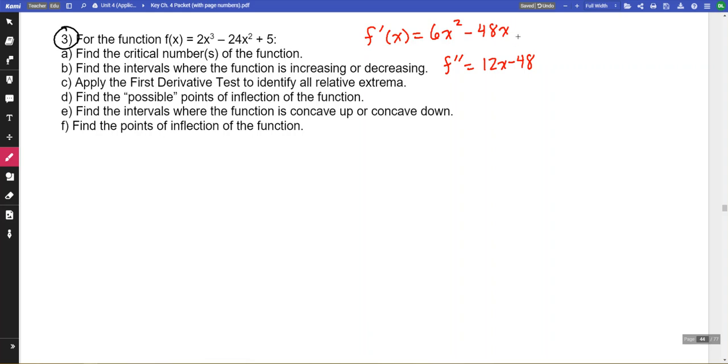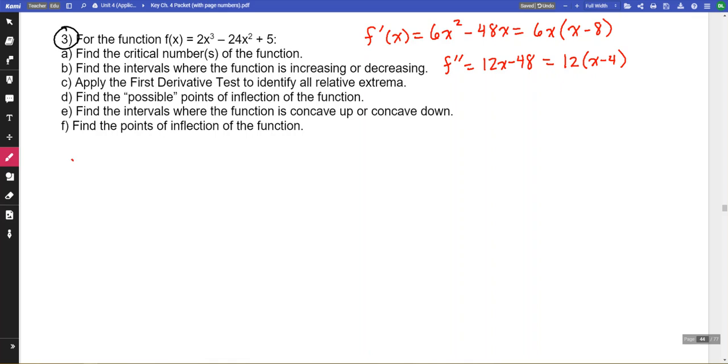Okay, now factoring can help us find roots more easily. So if I factor out a 6x from the first one, that is going to give me 6x times x minus 8. And for the second derivative, if I factor, that's going to be 12 times x minus 4.